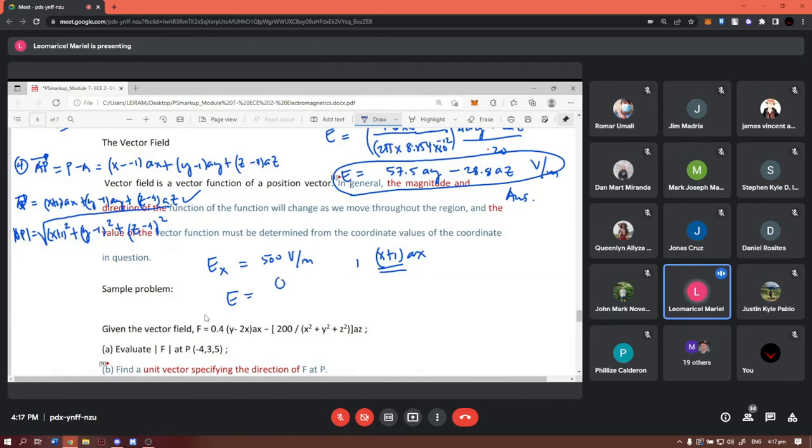Okay, so kung kukunin natin yung formula natin na E is equal to, ano yung ating formula ng point charge? That will be the Q all over 4 pi epsilon naught multiplied by the given vector. Ang vector natin ay AP over AP cube. Di ba yun yun? Yung formula natin, may given a vector over AP cube.